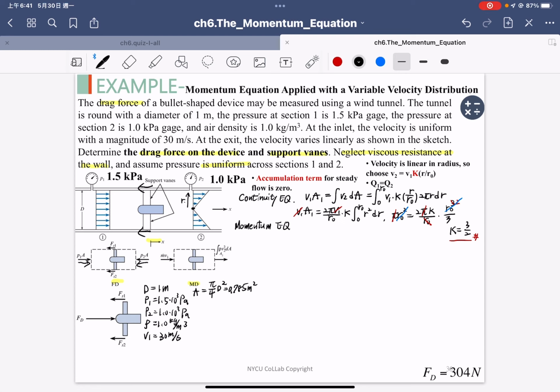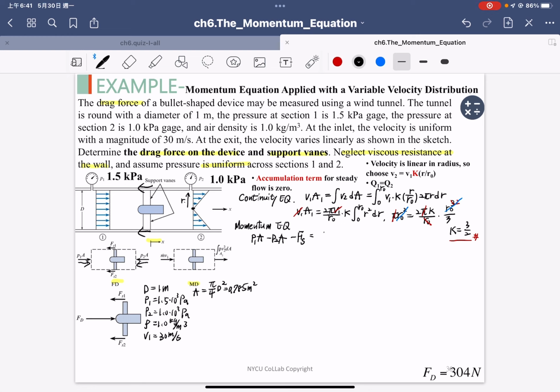So for the force balance, we first have P1 multiplied by the area, minus P2 multiplied by the area. And the support force we assume to the left, so minus Rs is the support force, and it will equal the outflow momentum.